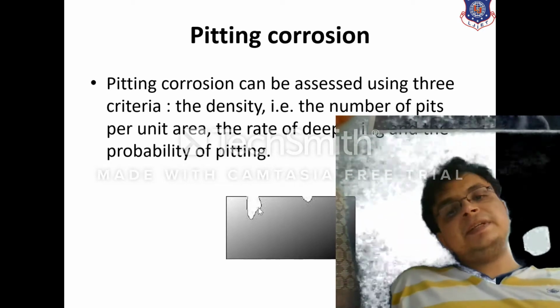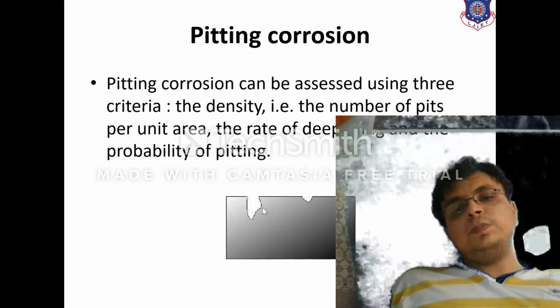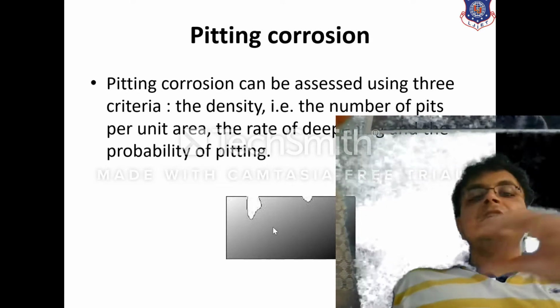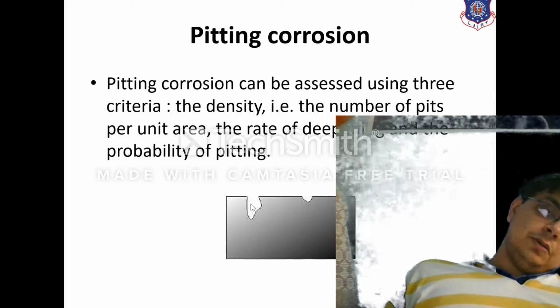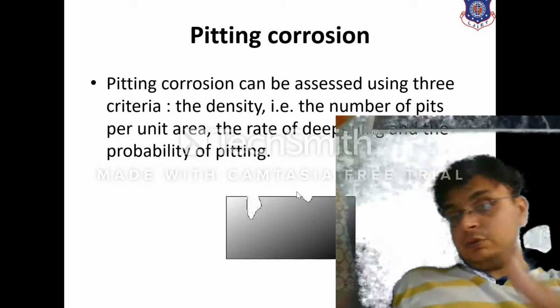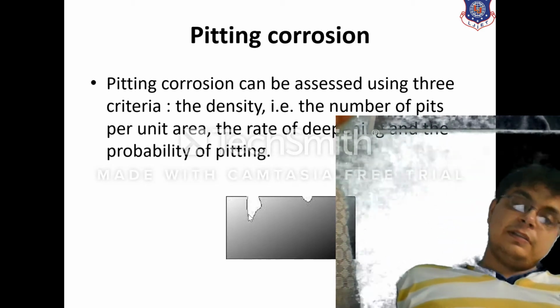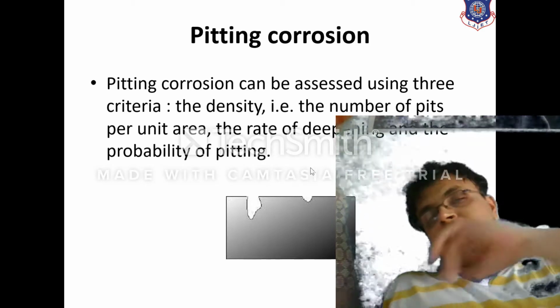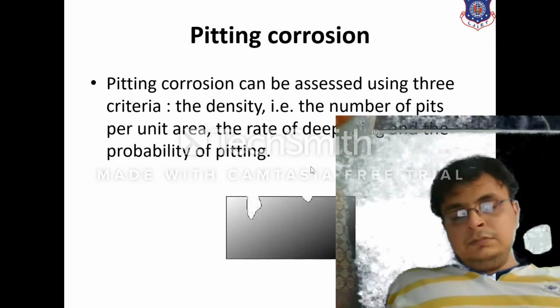Here two pits are formed with different depths. So we can say pitting corrosion has occurred, because the locations are different and the depths also vary from each other.